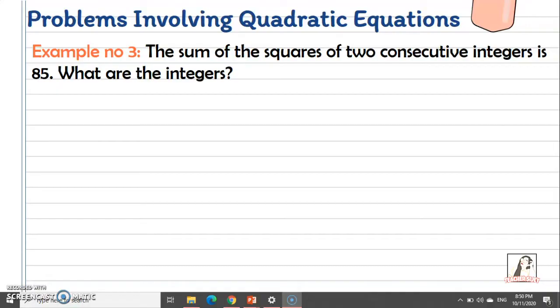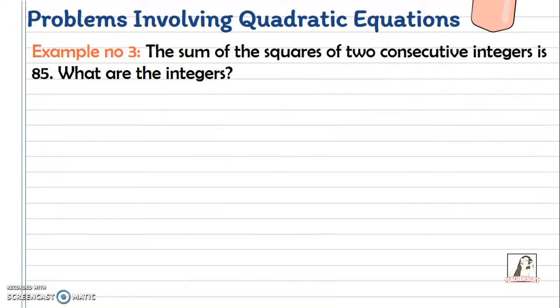So let's continue dito na sa ating example number 3. The sum of the squares of two consecutive integers is 85. What are the integers? So, maghanap muna tayo ng mga keywords na pwede natin gamitin para sa pagre-represent ng problem na ito.